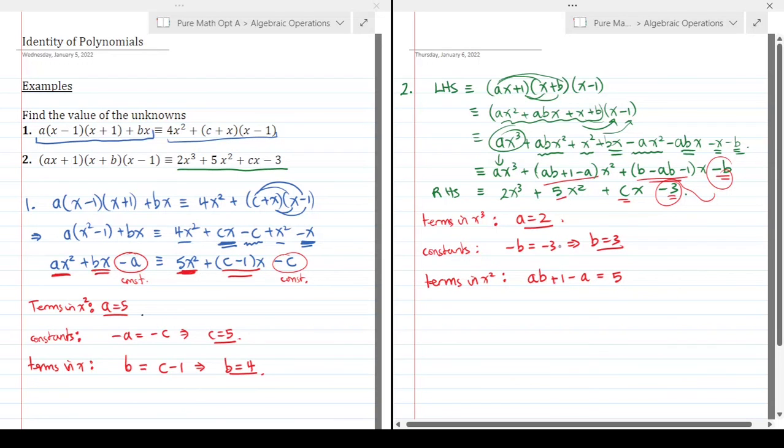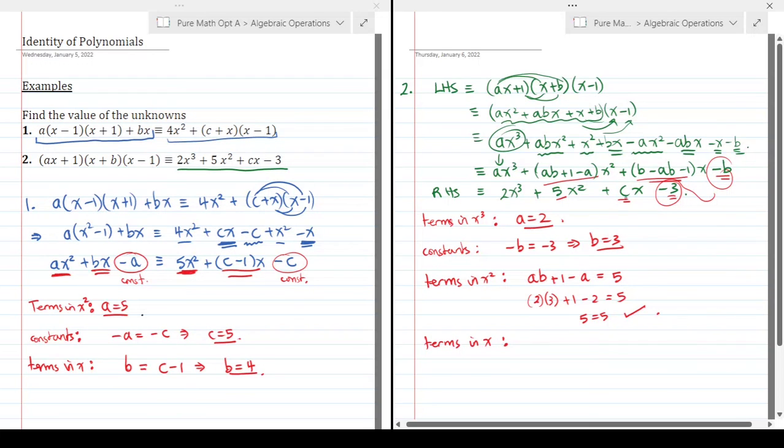So let me see if that really does give me 5. a is 2, b is 3: 2 times 3, plus 1 minus 2, is that equal to 5? 6 plus 1 is 7, 7 take away 2 is 5. So that means my values of a and b are good. That isn't necessary, so let me go to the terms in x now.